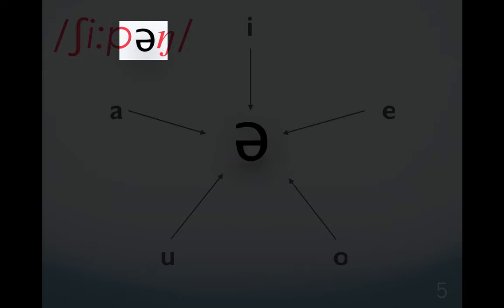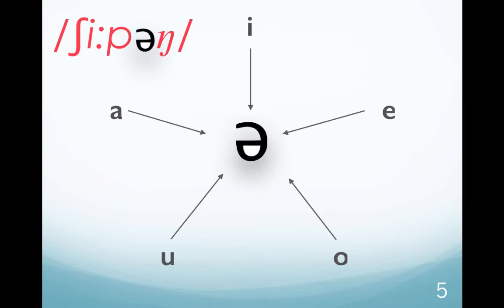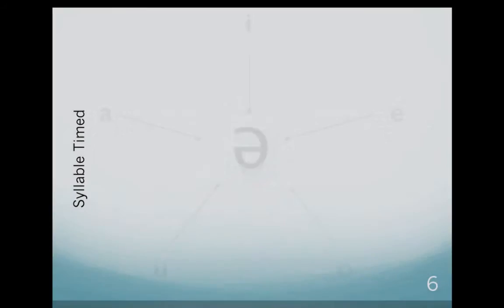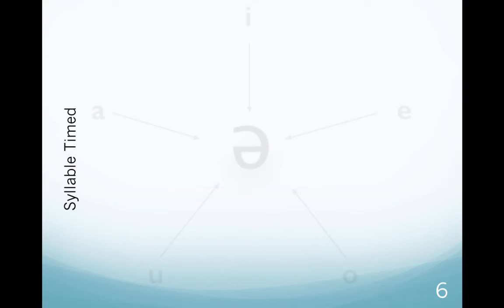The second syllable becomes reduced. There are many languages in the world that are syllable timed. In fact, 3/4 of the languages in the world have a syllable time rhythm. This means that the syllables carry the beat.